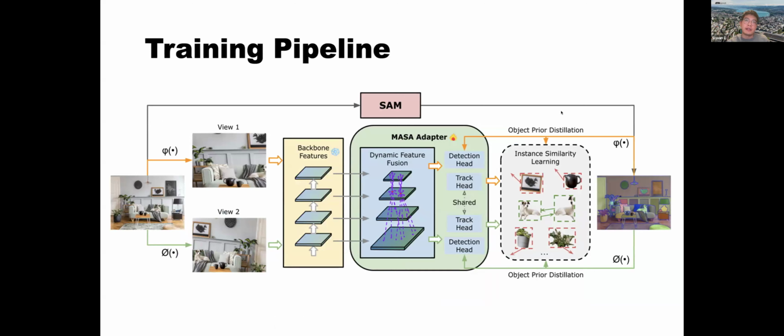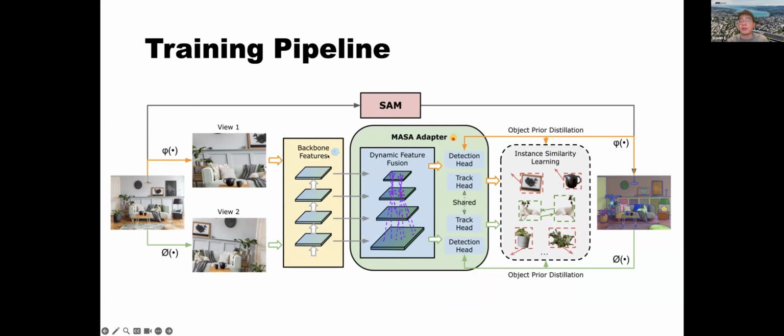So during training, this is a simple training pipeline. We call this the MASA adapter because it can reuse some image foundation models' features. For example, the backbone features can come from SAM, and can also come from any object detectors.